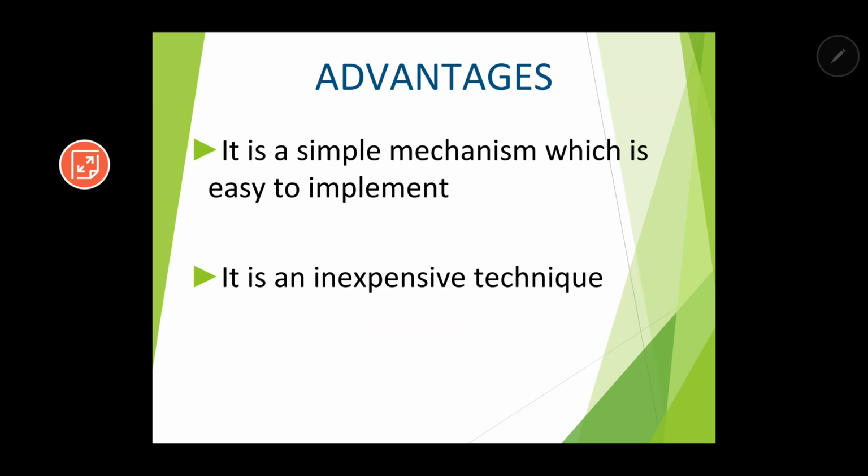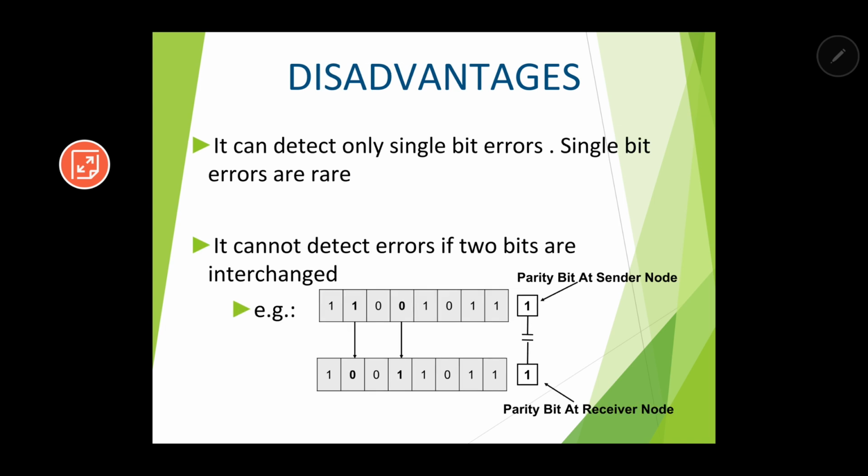So let's go to the advantages of single dimensional parity checking. It is a very simple mechanism because here we need to just add the parity bit, and it is an inexpensive technique. Next, let's go to the disadvantages. It can detect only single bit errors, and single bit errors are rare.